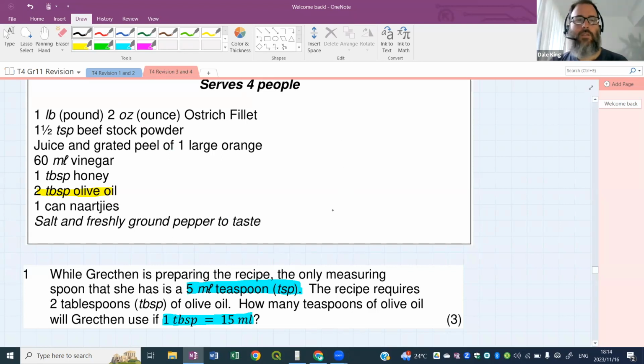Give you a couple of minutes and then we'll go over it together. Shouldn't take you that long. Try that one out. How many teaspoons must she measure out?